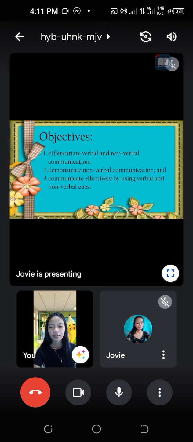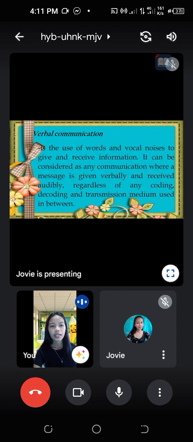Okay. Verbal communication is the use of words and vocal noises to give and receive information, and it can be considered as any communication where a message is given verbally and received audibly, regardless of any coding, decoding, and transmission medium used in between.